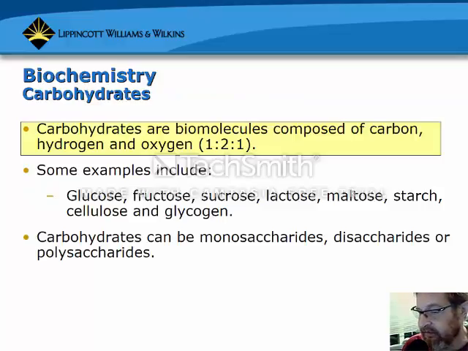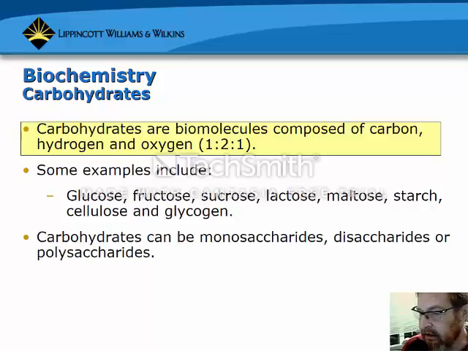Our first class we're going to discuss is the carbohydrate. One very simple way of telling if you have a carbohydrate is looking at the molecular formula of the compound.